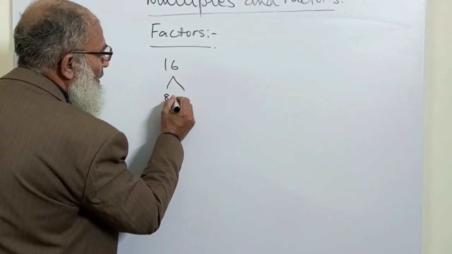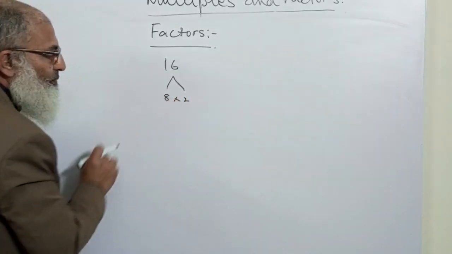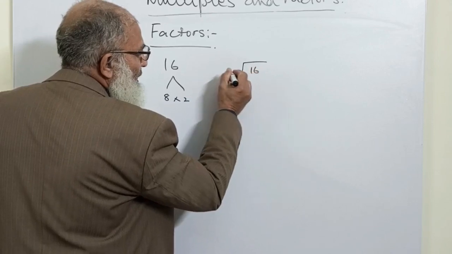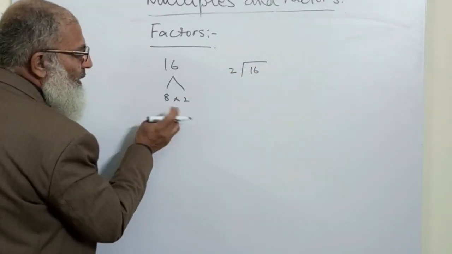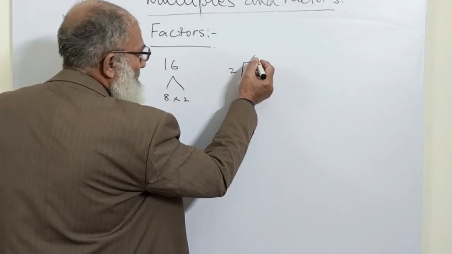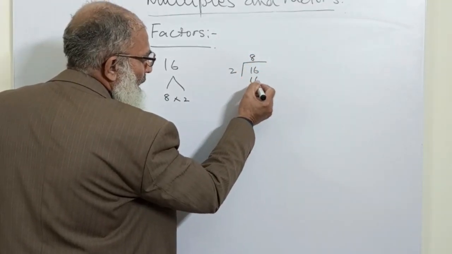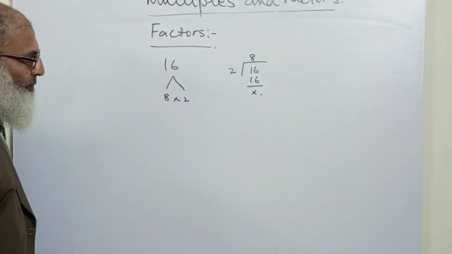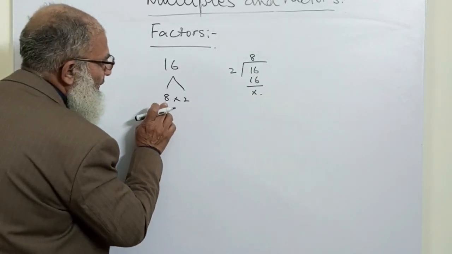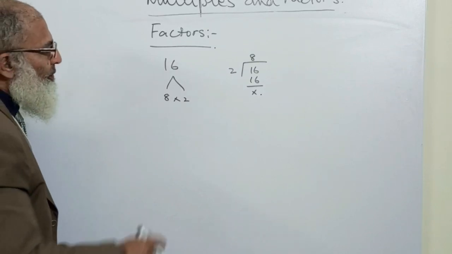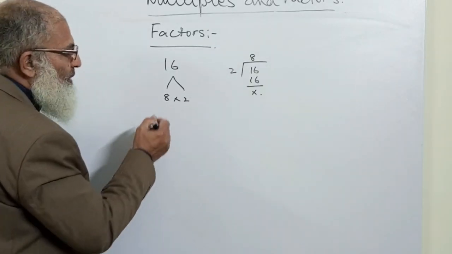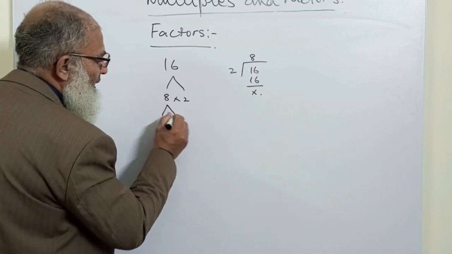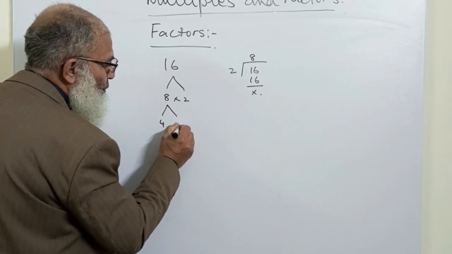8, 2. And you see, if I divide 16 by 2 or vice versa, or by 8, no remainder is left behind. Now still there is one number which can be divisible further without having a remainder, and that is 4, 2.